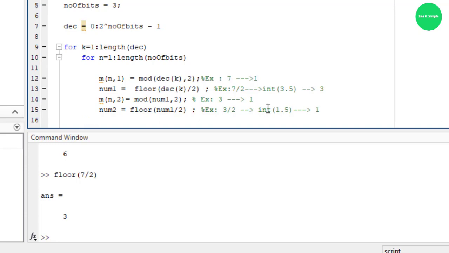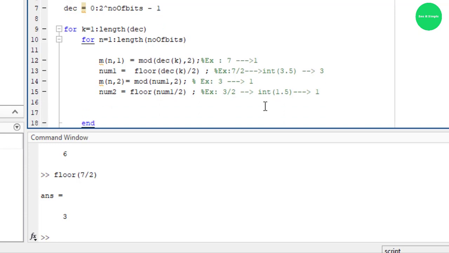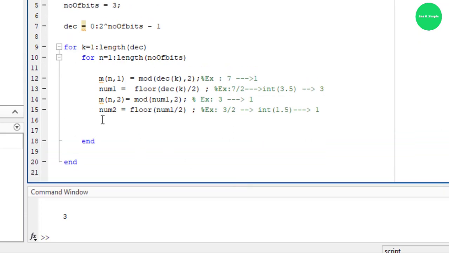So then we have to get the mod value for the third bit.